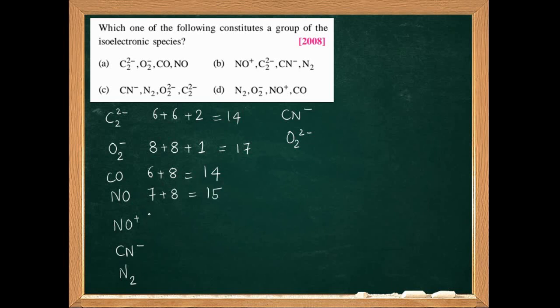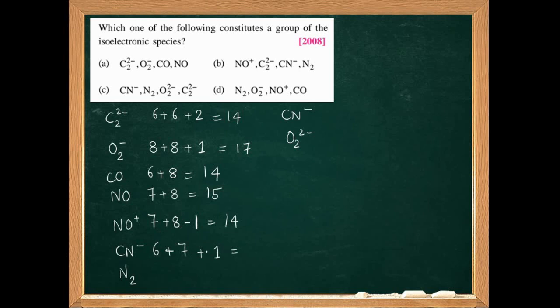NO plus is what? Nitrogen is 7, oxygen is 8, and 1 electron is removed. So 7 plus 8 minus 1 is 14. CN minus is 6 of carbon, then 7 of nitrogen plus 1 due to the added charge.